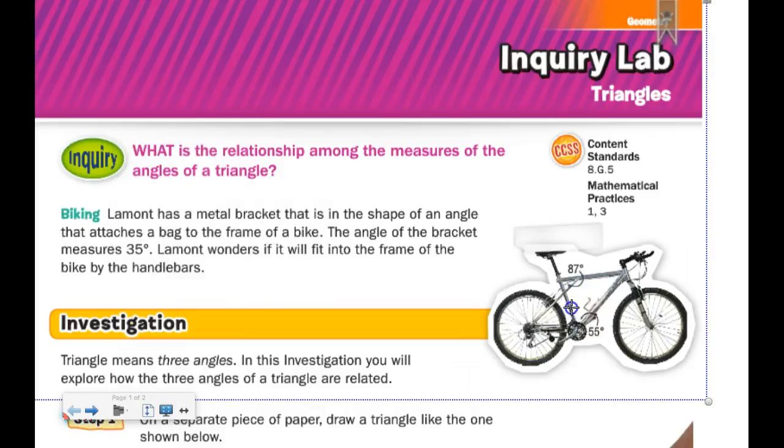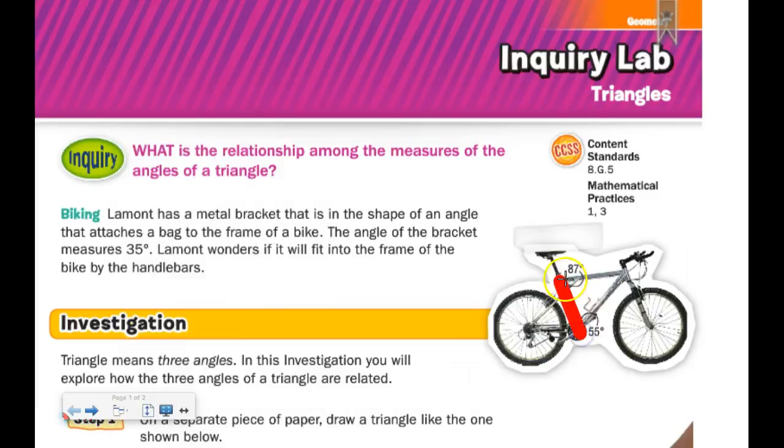Hopefully you can see it. There's the triangle right there, and they're giving us an 87-degree measure over here and a 55. He's asking us if the bracket measures 35 degrees, is it going to fit in there?